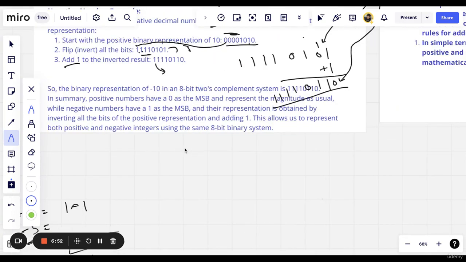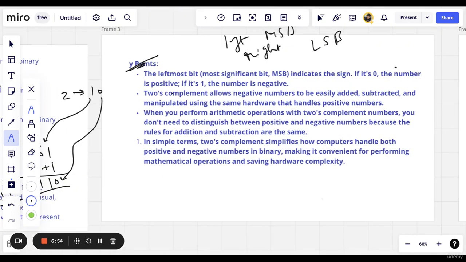So this means that in two's complement, positive numbers' most significant bit will always be 0, and negative numbers' most significant bit will always be 1.